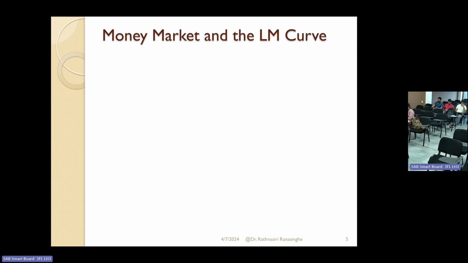Now we are going to talk about the LM curve, based on the money market. Why do people demand money? Keynes identified that the interest rate is determined in the money market by money demand and money supply. Money demand is a downward sloping curve that depends on the transaction, precautionary and speculative motives, which I explained earlier.